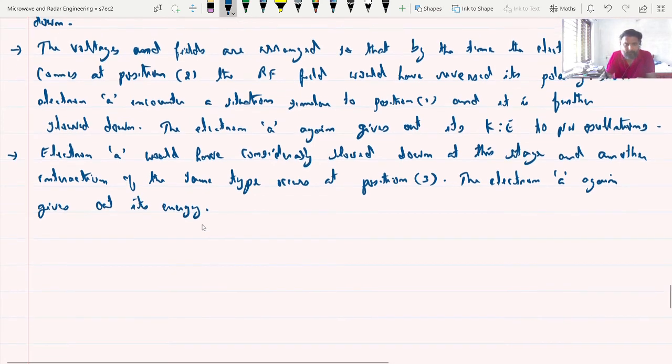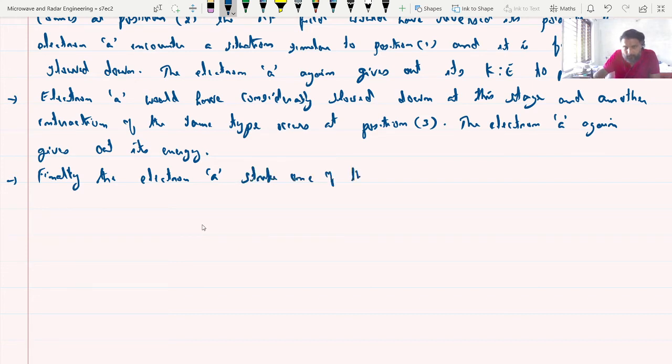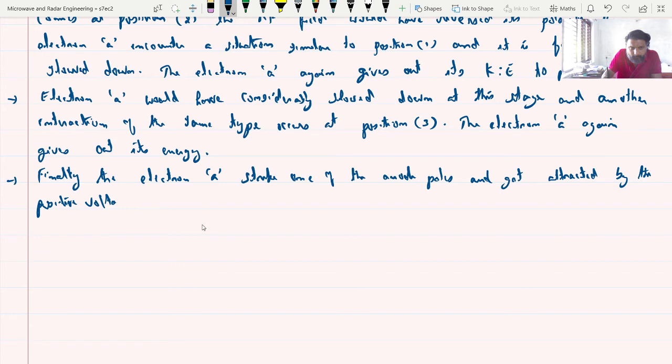Finally, electron A strikes one of the anode poles and gets attracted by the positive voltage on the anode pole.